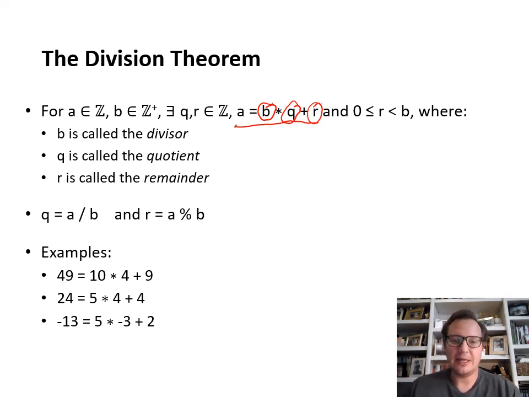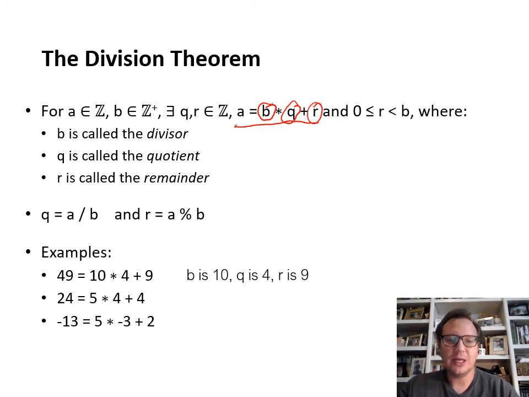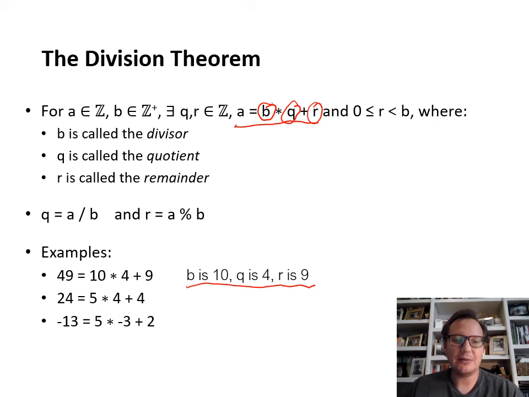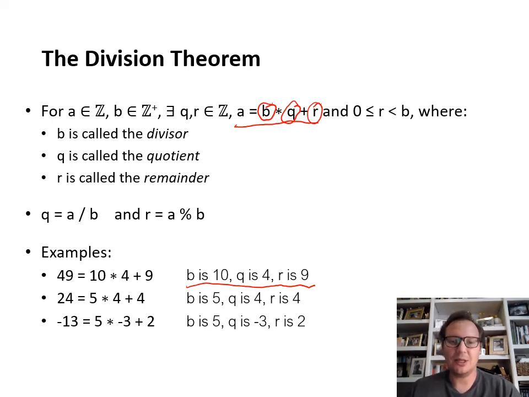And here we have some examples. 49 is equal to 10 times 4 plus 9. And here b is 10, q is 4, and r is 9. 25 is equal to 5 times 4 plus 4. And again, we have to be careful with negative numbers. Minus 13 is equal to 5 times minus 3 plus 2.